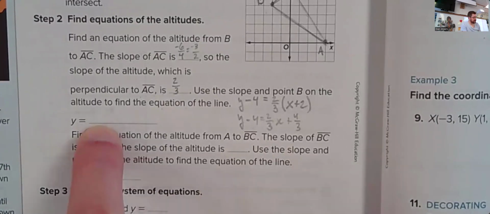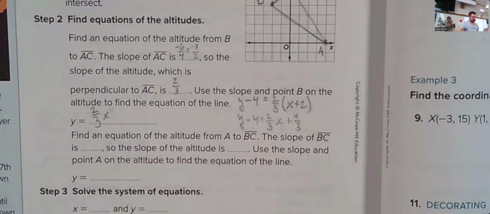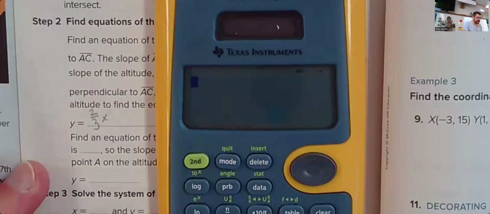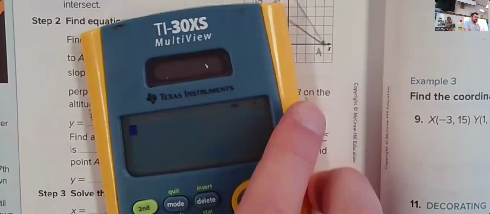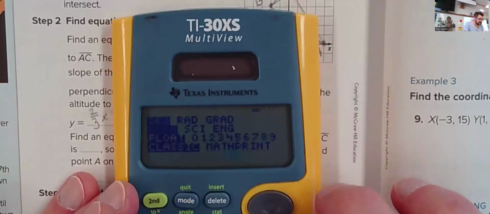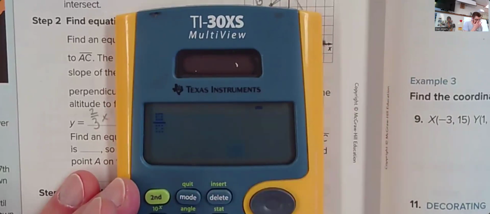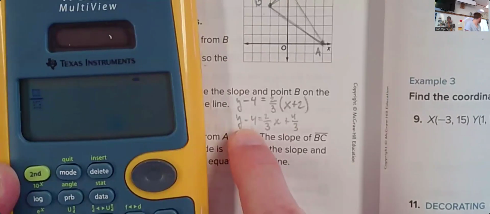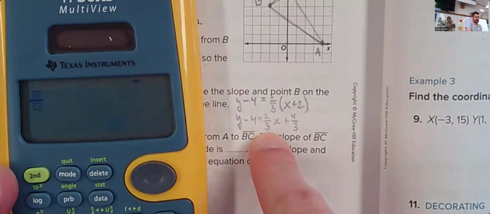So we're going to get y equals 2/3 x. And then let's just use our calculators. 4/3 plus 4. I'm going to open up a fraction here. We're going to say 4/3 plus 4, because we'd have to add 4 to both sides. 4 would combine with 4/3, not the 2/3 x, because it doesn't have x.